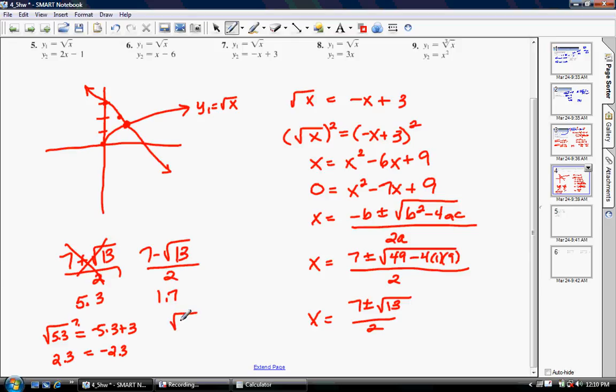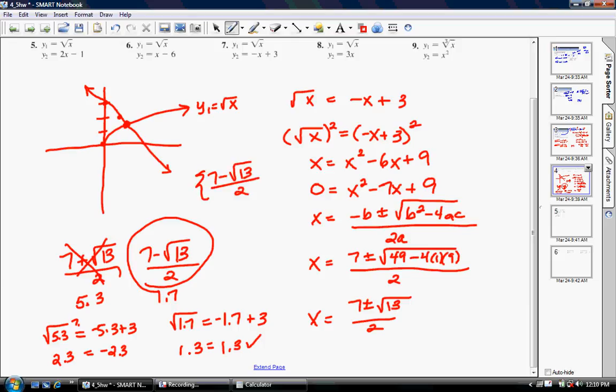If we plug in 1.7, is the square root of 1.7 equal to negative 1.7 plus 3? Well, the square root of 1.7, now remember we've also approximated, so we're going to probably be slightly off here, is 1.3. Negative 1.7 plus 3 is 1.3, so that checks. So the solution to this equation is 7 minus the square root of 13 over 2.